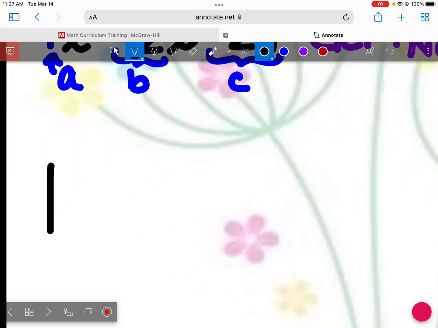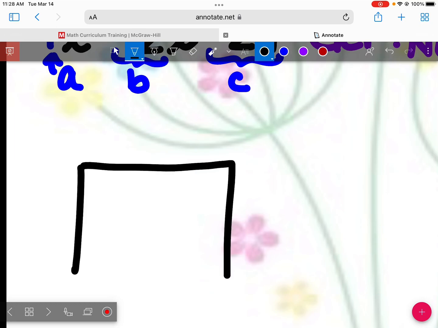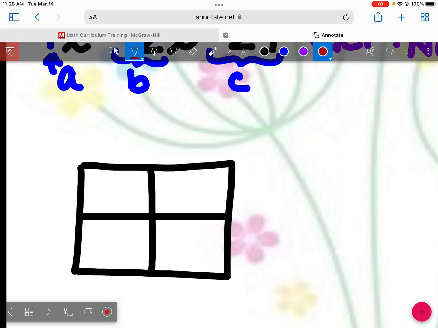So I'm going to draw my area model, my box. A always goes in the upper left. C always goes in the lower right. So I have x squared here and negative 24 down here. How do I decide what to fill in those 2 empty boxes with?